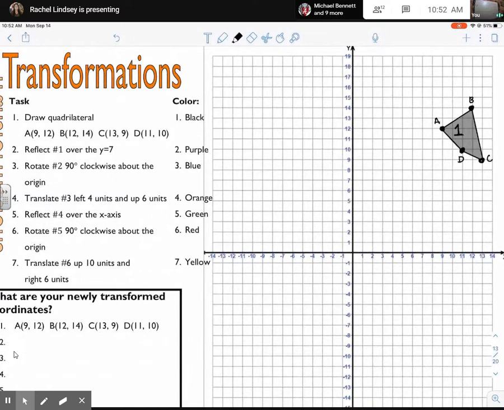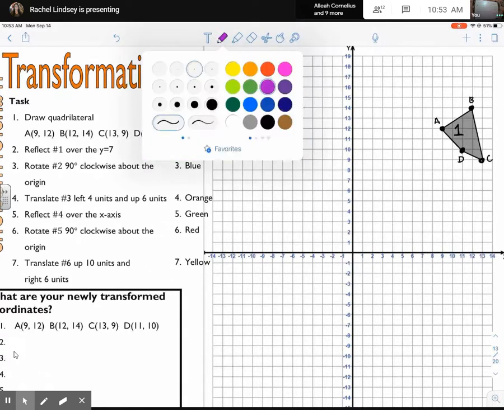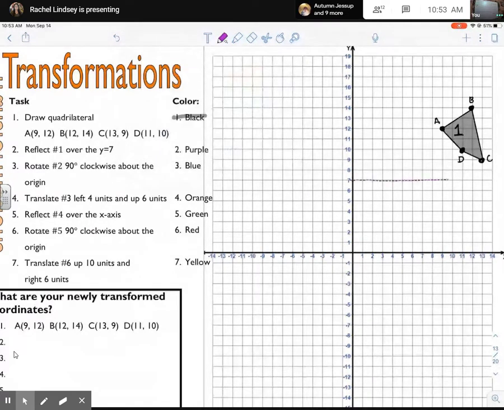Okay. So that's my first shape. Then number 2 in purple wants you to reflect over y equals 7. So I'm going to go to y equals 7, and I'm going to reflect over that line.